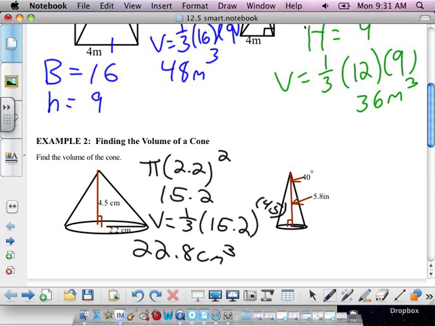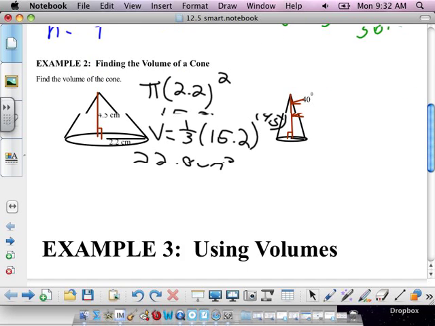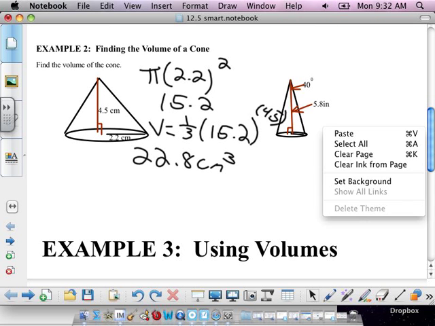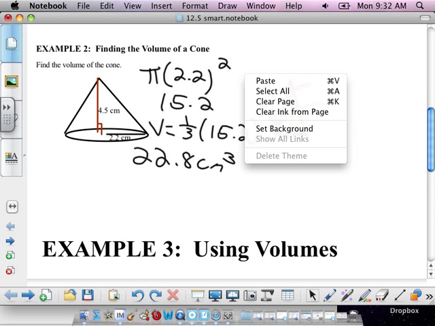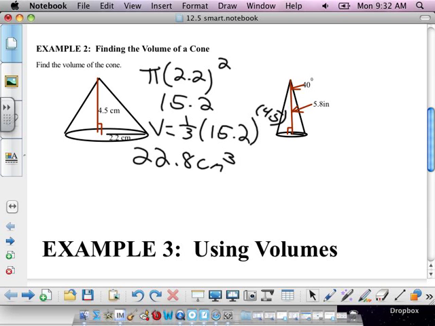Okay. All right, let's do our other cone. Oh, this is a tricky one. So it is 40 degrees right here, and it's 5.8 is my height. So I'm going to have to find my radius.